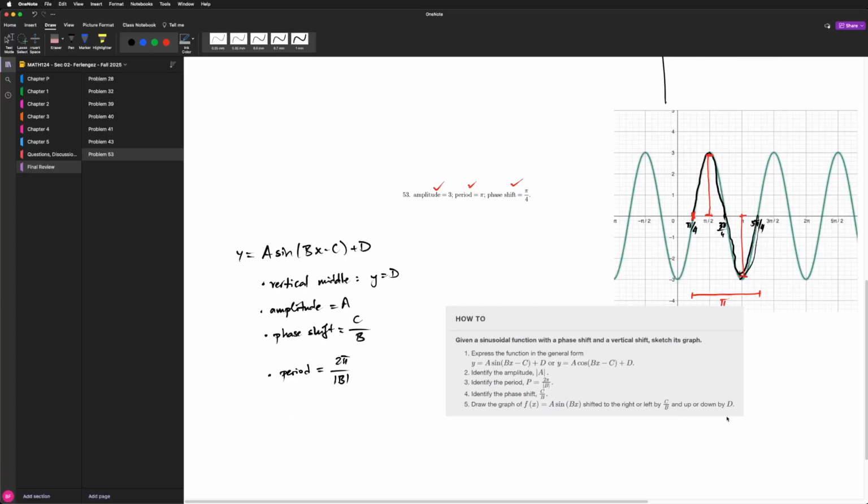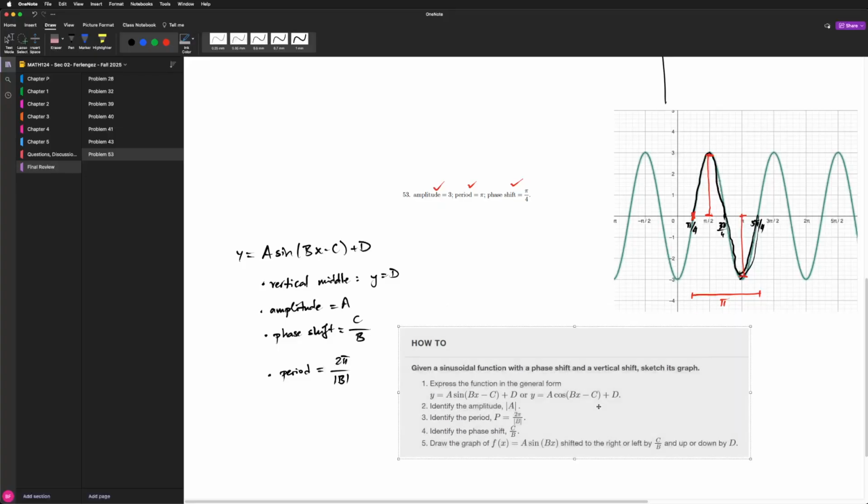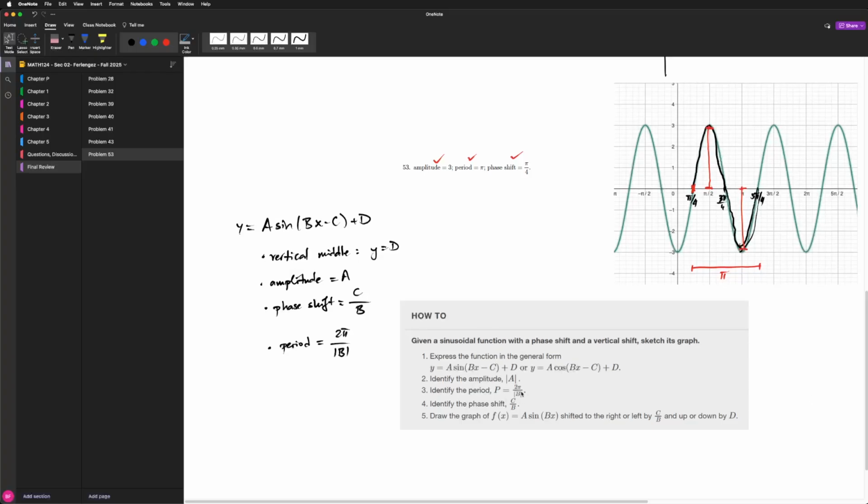I'm not a huge fan of these formulas. People make mistakes here all the time, like they forget the 2 pi, they forget the b, and for tangent, you have to take pi instead of 2 pi. Do you use absolute value of b or b?